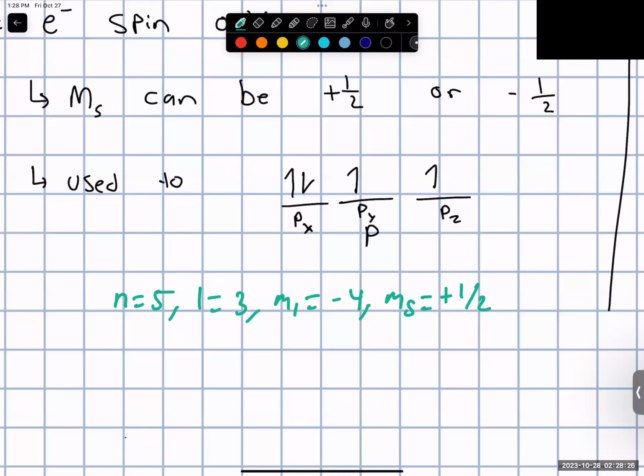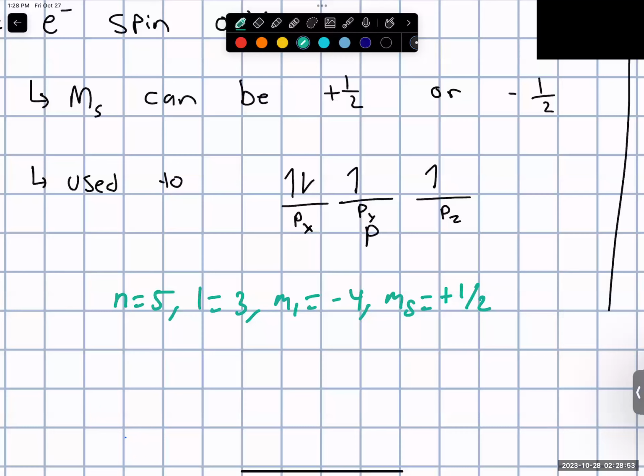Then the next quantum number is L, and that's based off of the N value, because we know that L can go from 0 all the way to N minus 1. So if N is 5, then the maximum value that L can be is 4, right? Because the rule is any L value from 0 to N minus 1. So 3 is in that range of 0 to 4.